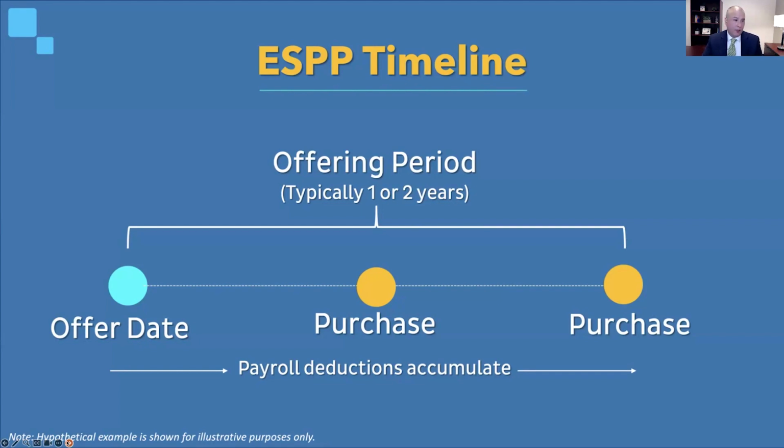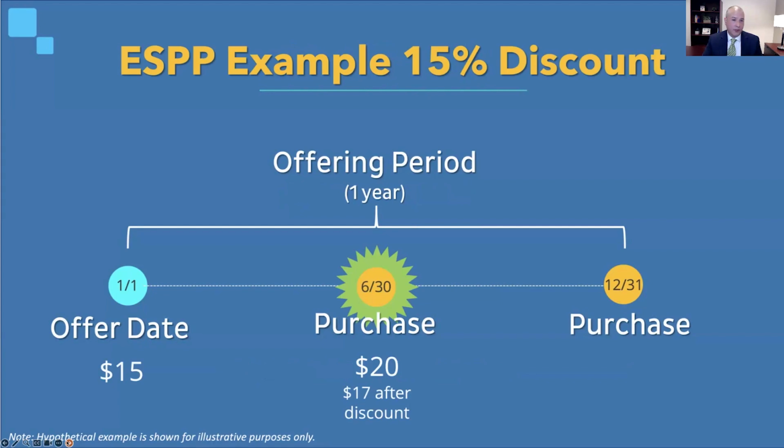So if we advance a slide here, we can take a look at an example of a 15% discount. Let's say the typical example here with a 15% discount on the purchase. We'll assume that you have already enrolled in the plan as of January 1st. The offer date is just the beginning of the offer period, right? Payroll deductions accumulate, and on June 30th in this example, you purchase the shares at a discount.